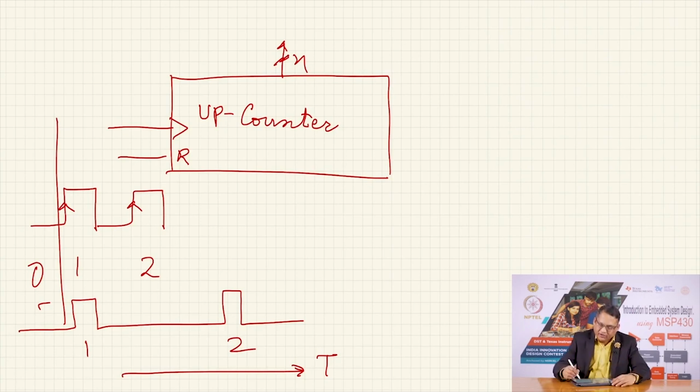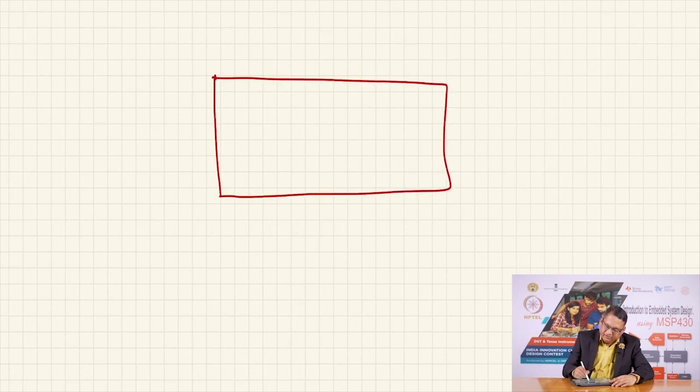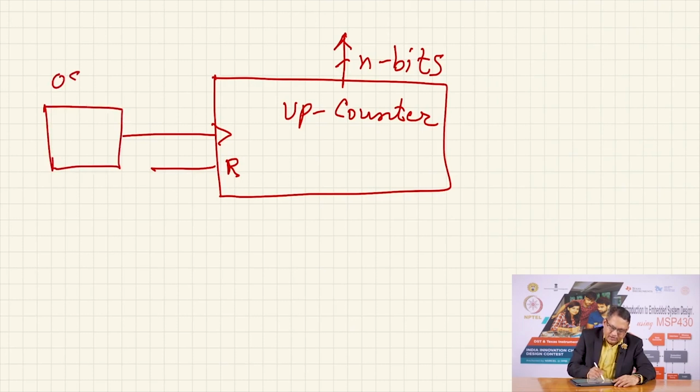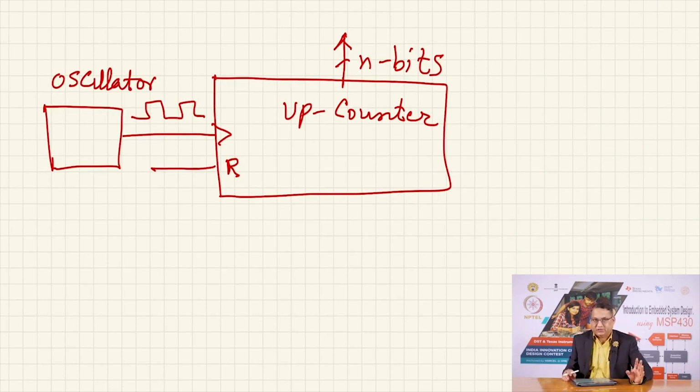On the other hand, if I use the same hardware, I still have an n bit counter, and let us say it is an up counter. You have a clock signal, you have a reset signal, but now instead of an external signal generating some pulses, this is connected to a rectangular output oscillator whose frequency is fixed.